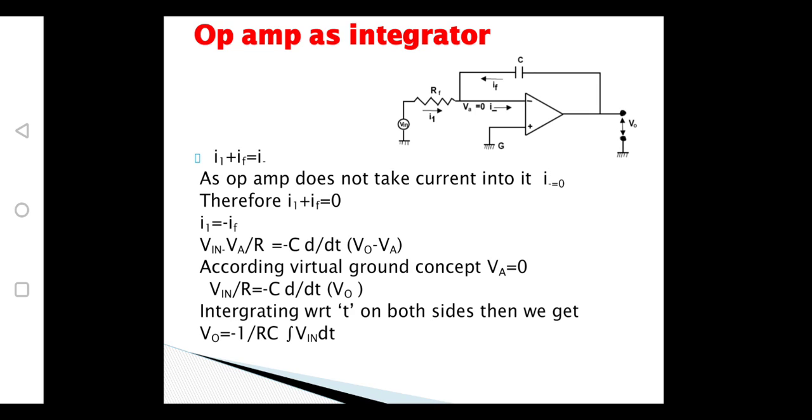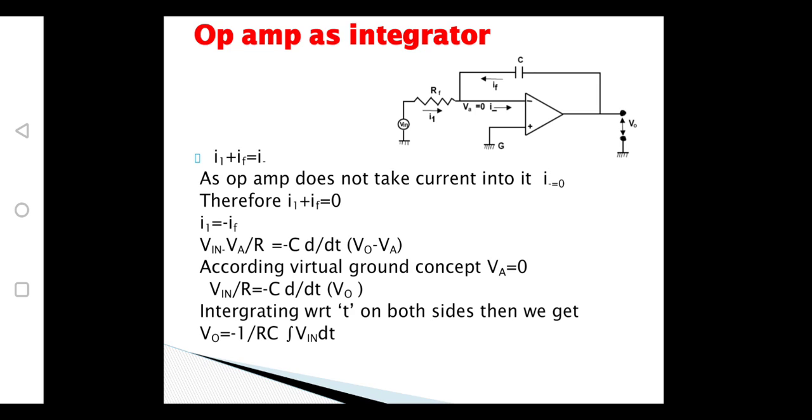So here we need to apply KCL at that particular node. The voltage at node VA, according to the KCL, the incoming current should be equivalent to the outgoing currents. At VA, the incoming current is I1, that is the input current. Similarly, there is one more current, the feedback current IF, which is getting into VA. So I1 plus IF is equivalent to I minus.